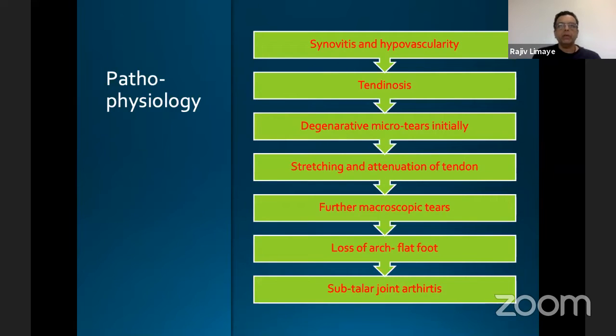So as we know, the pathophysiology starts with synovitis and hypovascularity. It leads to tendinosis. It leads to micro tears and stretching of the tendon. Further on, it leads to macroscopic tears, and then it leads to loss of the arch of the foot, leading to flat foot deformity. In the later stages, it goes on to develop subtalar or even ankle joint osteoarthritis.